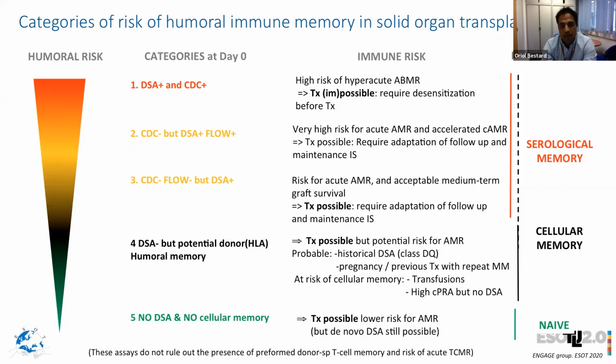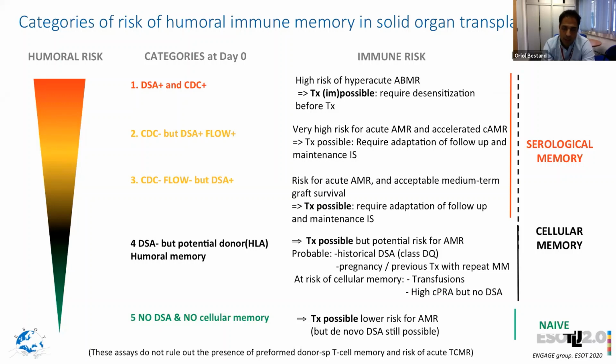We have a last risk group in terms of the assay at the serological level, those with negative CDC and negative flow cytometry cross-match, but still with a positive DSA at the single antigen bead assay level. We all know they also have a higher risk of acute AMR, but acceptable medium-term graft survival. So transplant would be possible, but again it would require adaptation of follow-up and maintenance immunosuppression.